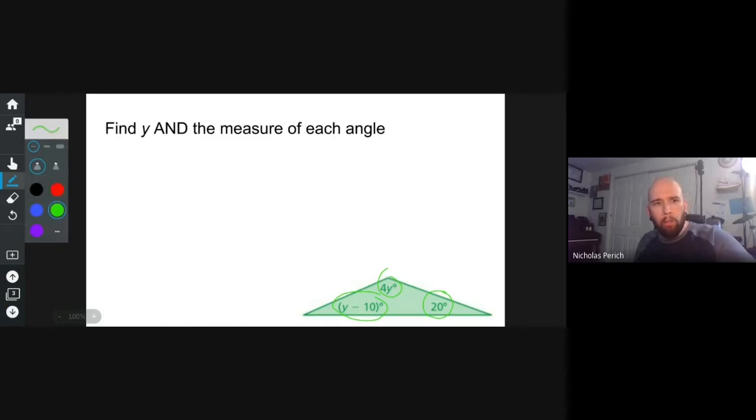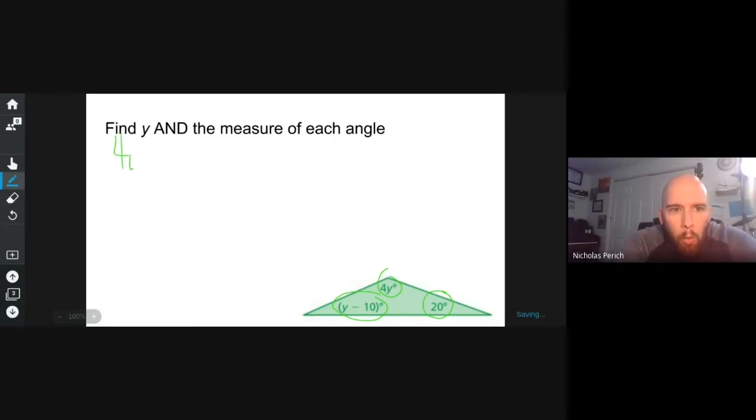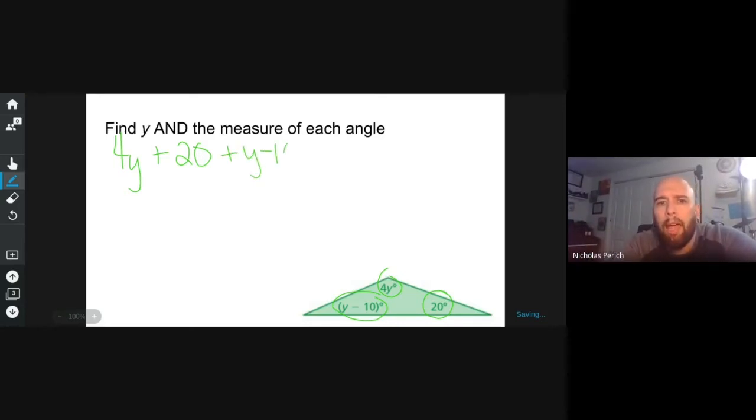So I'm going to write that out. The first angle I said was 4y plus 20, plus y minus 10, adds up to 180 degrees.